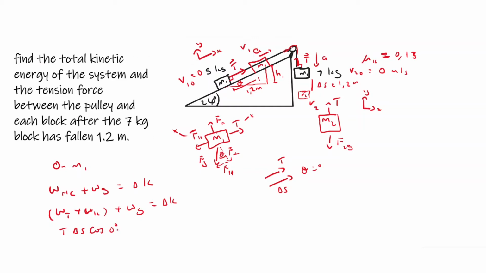Let me write everything for clarity's sake. Then I have this friction. So just write it as a plus for now. It's going to be this frictional force. It's going to do work against it, negative work.